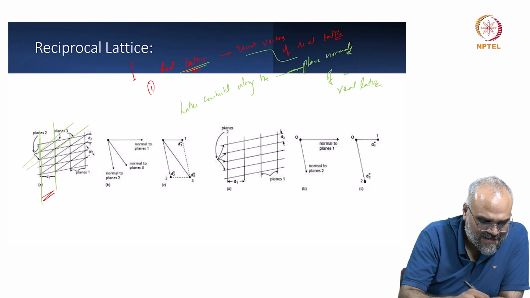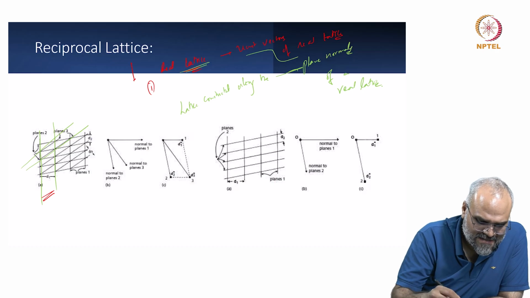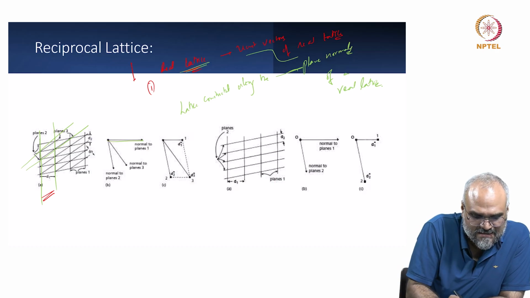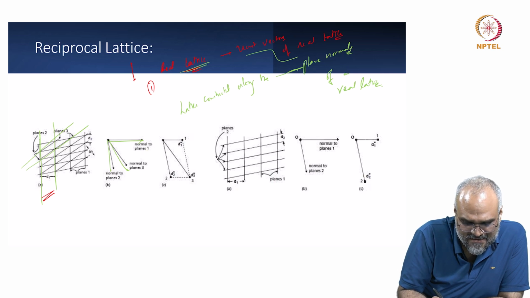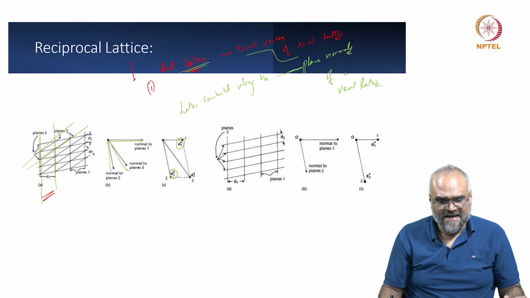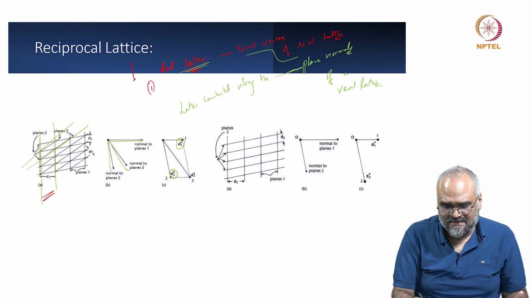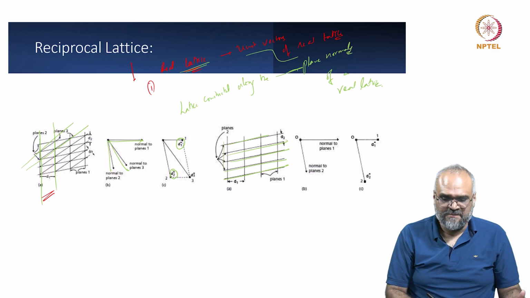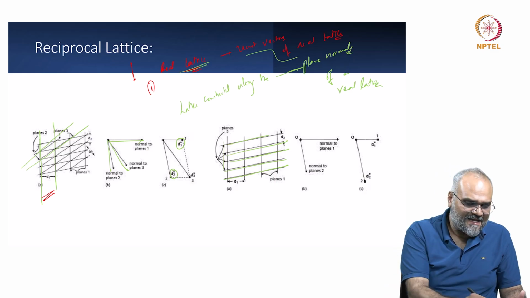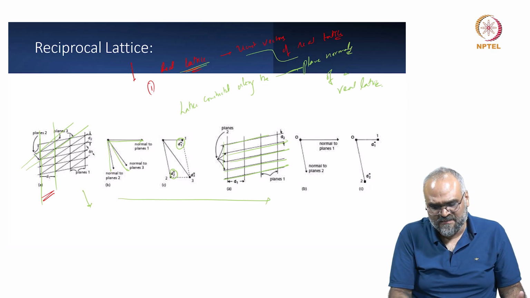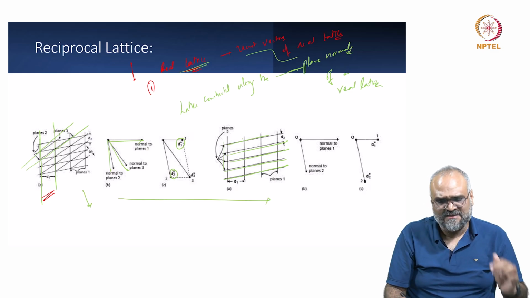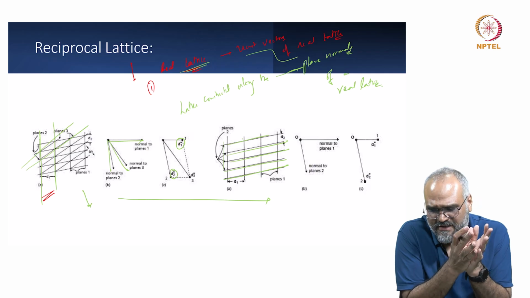If I draw the plane normals of these, the direction of plane normals are like here now, and if I take my reciprocal lattice vectors along the plane normals, I end up constructing a lattice along these directions. So, in principle, a real lattice which appears like this can be transposed or can be related to a reciprocal lattice by simply doing a few simple operations.